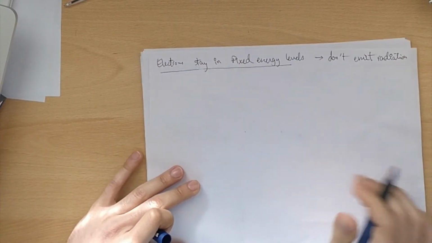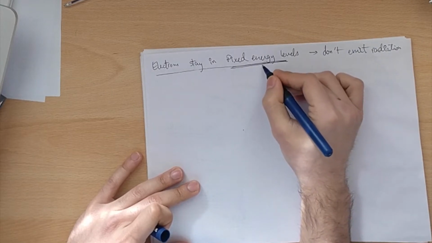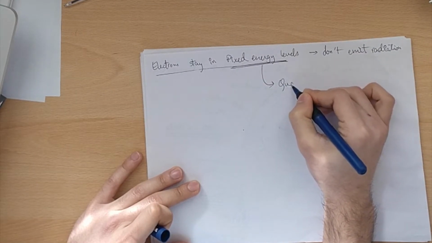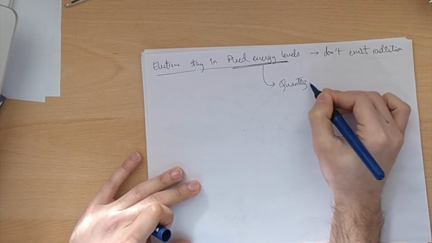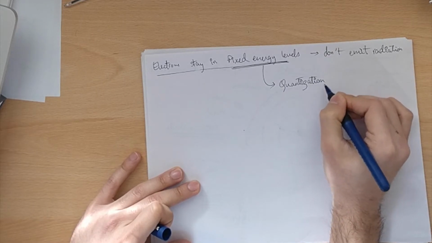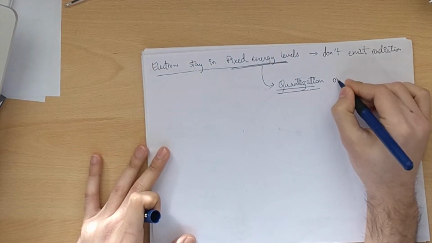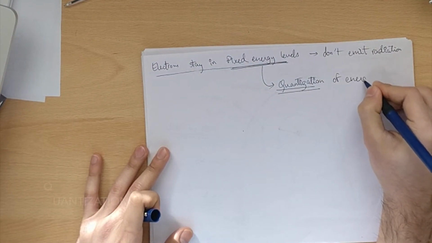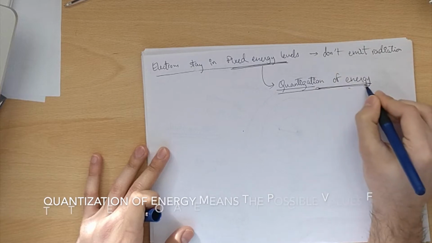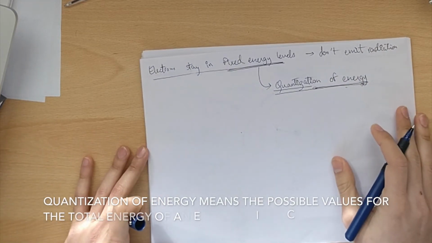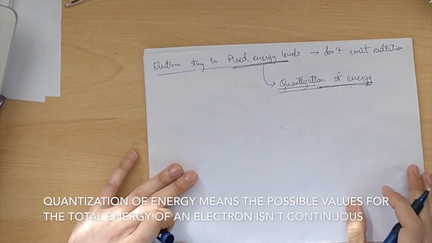And this is also known as quantization. It's a fancy word, but it really just means that it's fixed and it's not continuous. Quantization of energy, which we will look at later on, so you don't need to worry about that too much.